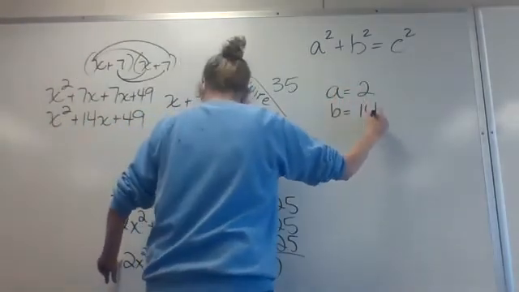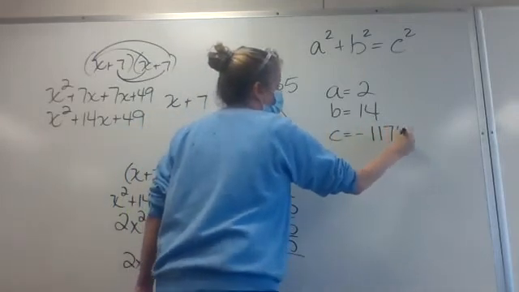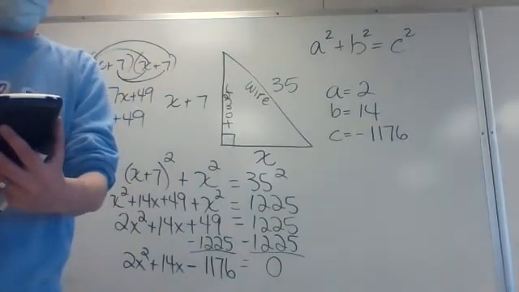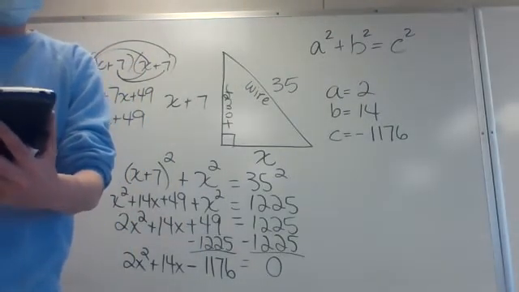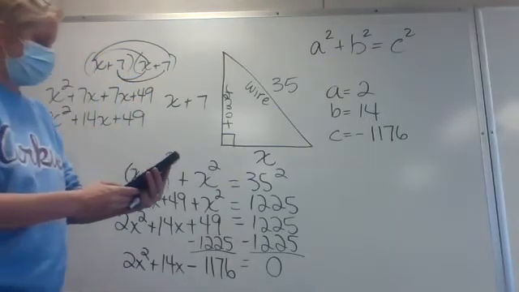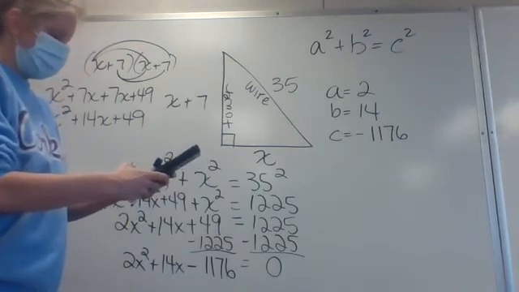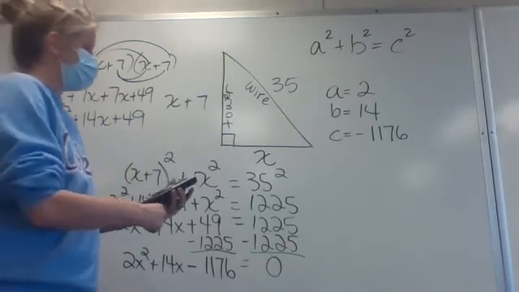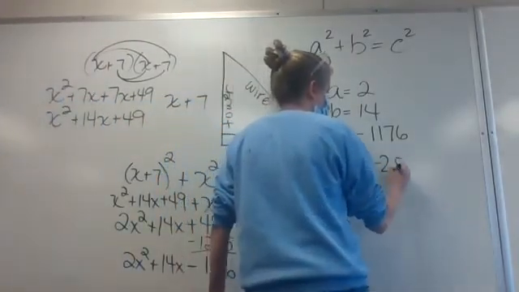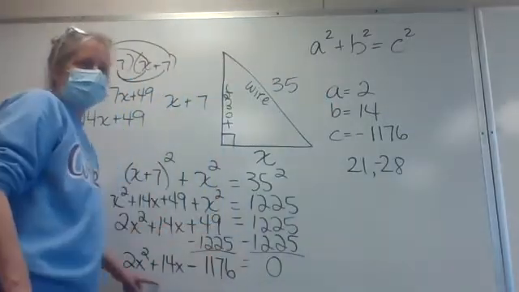B is 14, and C is negative 1176. So again, if I go to the quad program in my calculator, or using the link that I'm going to send, A, B, and C are 2, 14, and negative 1176. And it tells me 21 and negative 28 are the solutions to this quad.